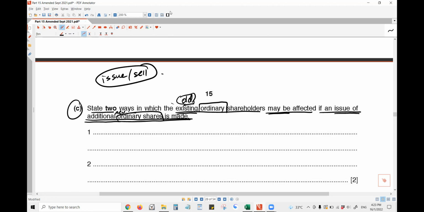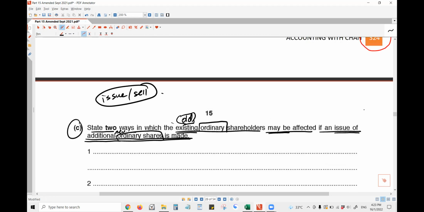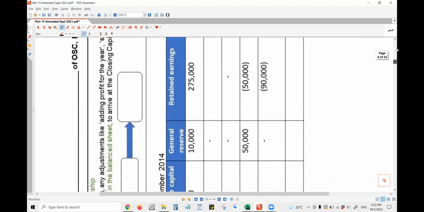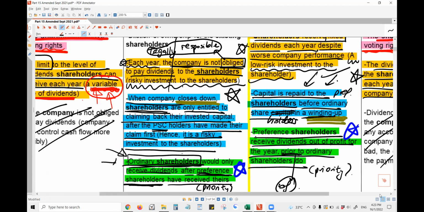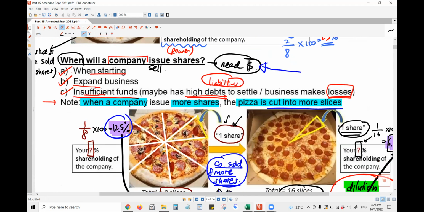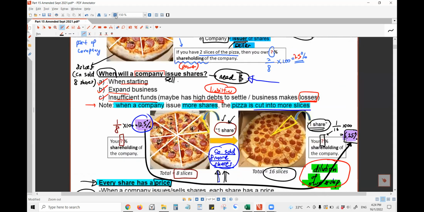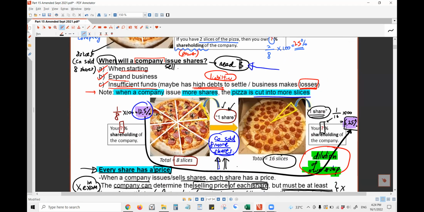You have to recall one term known as dilution of ownership. I show you. Dilution of ownership means that when the company issues more shares, but you are still holding the same number of shares, let's say before and after you still hold just one slice of the pizza, you would experience dilution of ownership.